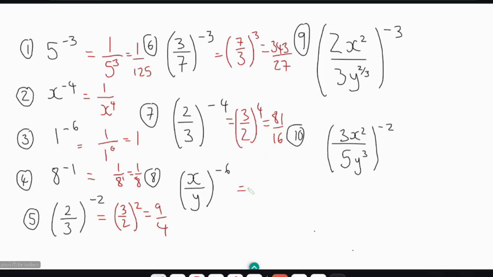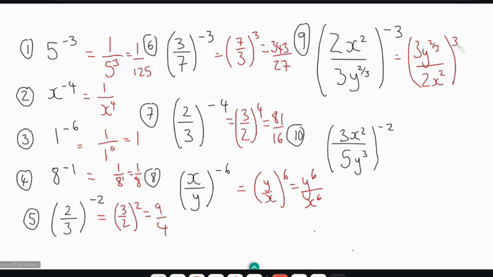And then flip and power 6, y to the power 6 over x to the power 6. Okay, quite a tricky one, this one. Right, so let's flip first of all to get rid of that minus. We flipped, so now it just becomes power 3.